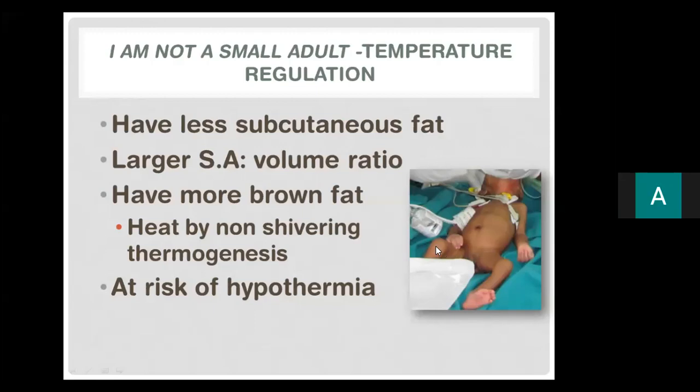Nabunga, you have your hand raised up, sorry. Yeah. Good morning, doctor. Good morning. My question goes to the current slide. We are saying infants are prone to hypothermia.